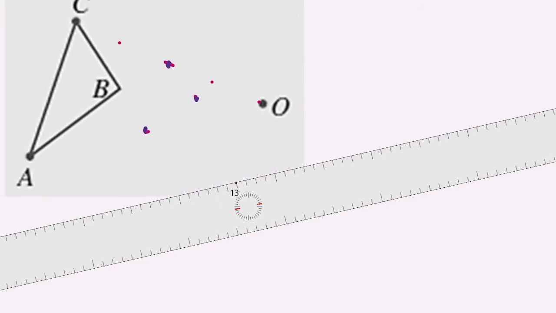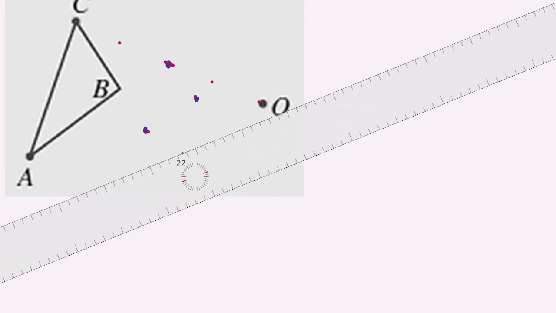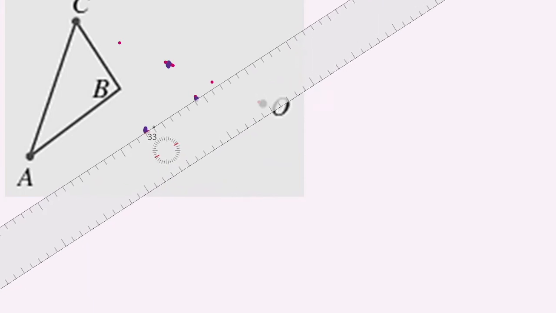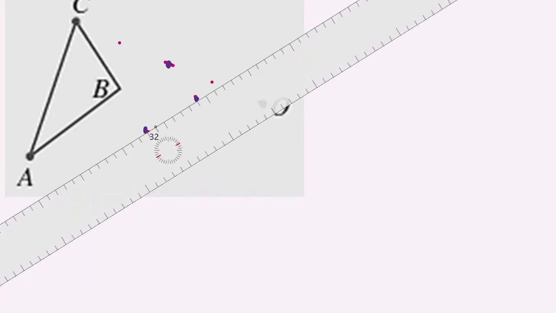Alright, so you can see that those dots are halfway between the dot I'm looking at and the 0 or the O. And I can make that line up.